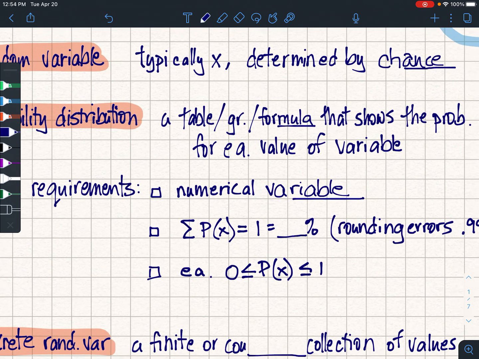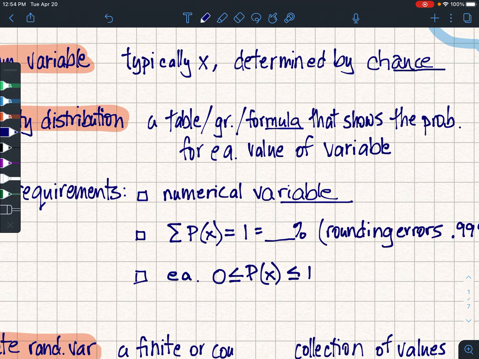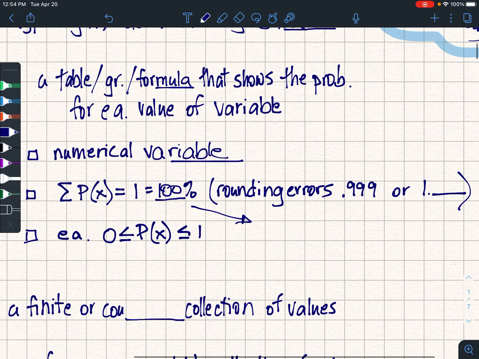Another requirement of a probability distribution is that the sum of the probabilities has to be 1, aka 100%. Now, this is a little flag that tells us we are now working with populations, not samples.